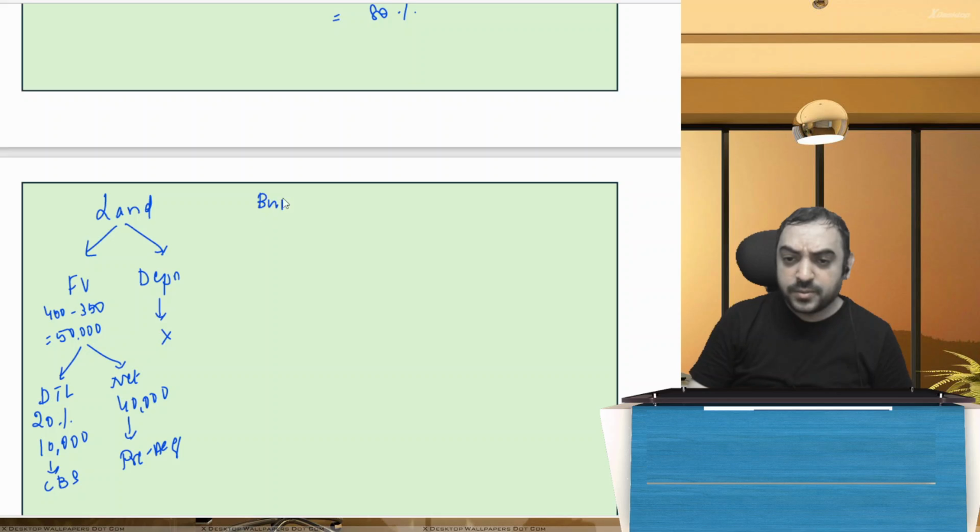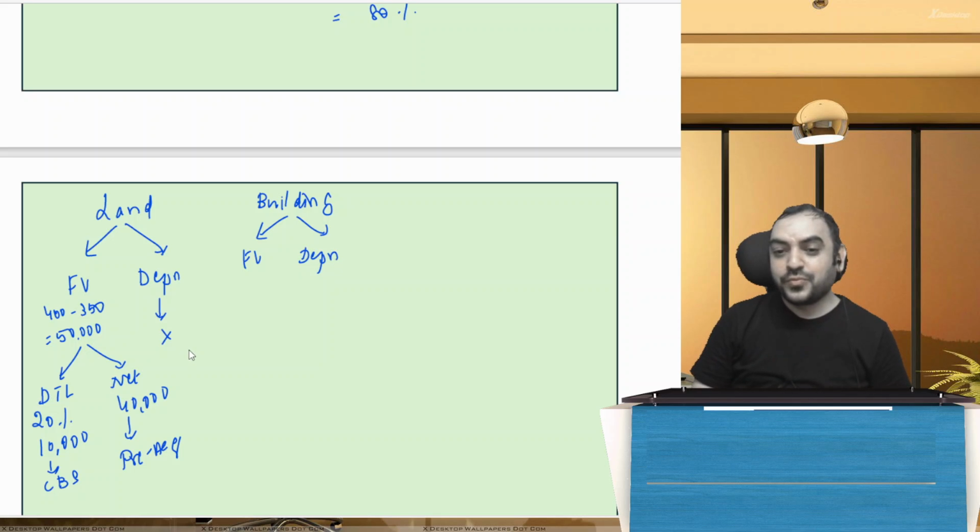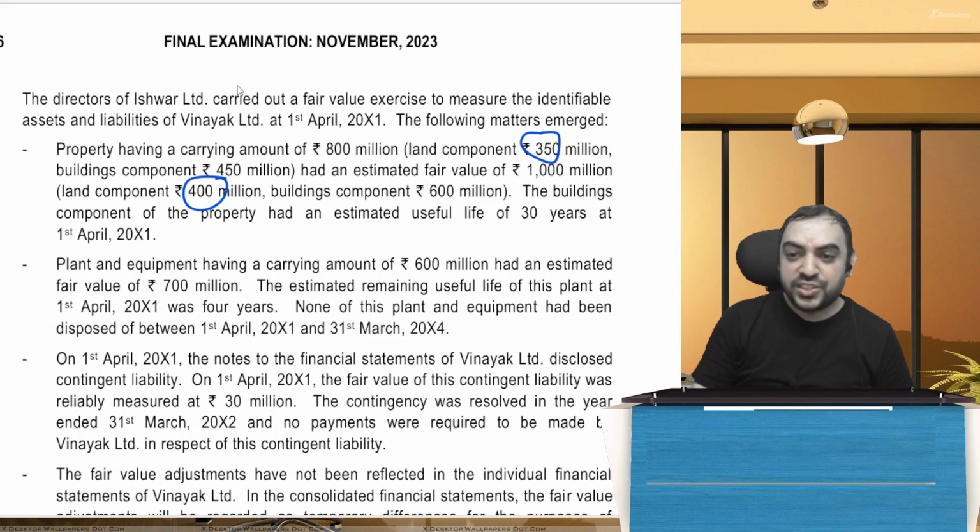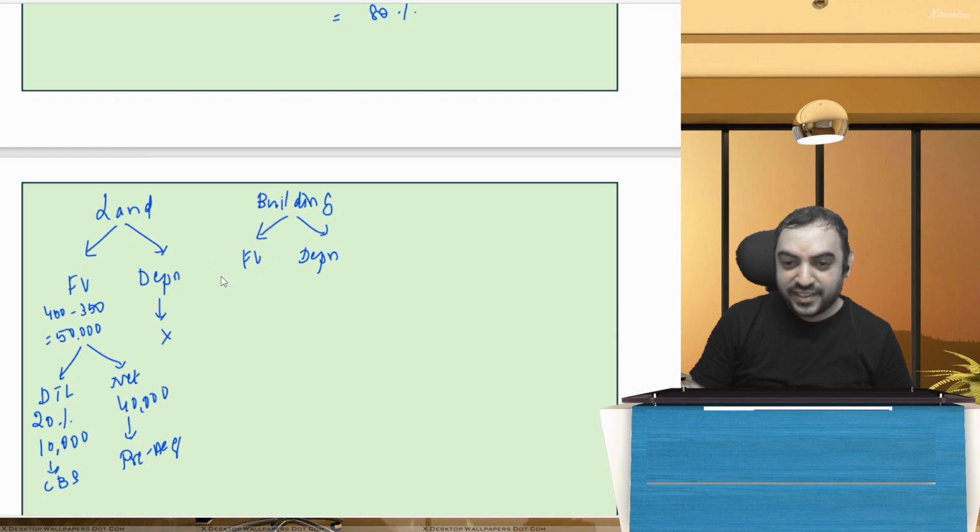Similarly, I'll come to building, where I'm going to do the fair value calculation and depreciation calculation. What is the fair value adjustment on building? Components 450 valued at 600. So 600 minus 450 means 150. Convert from million to thousand: 150,000.